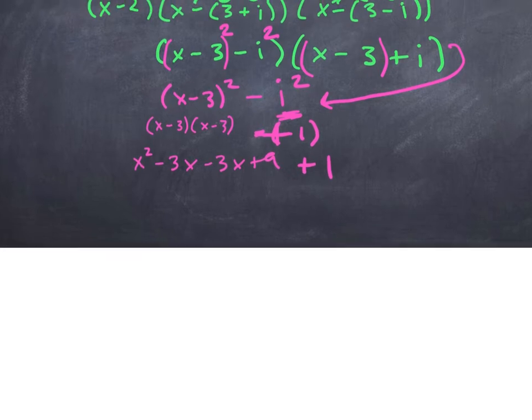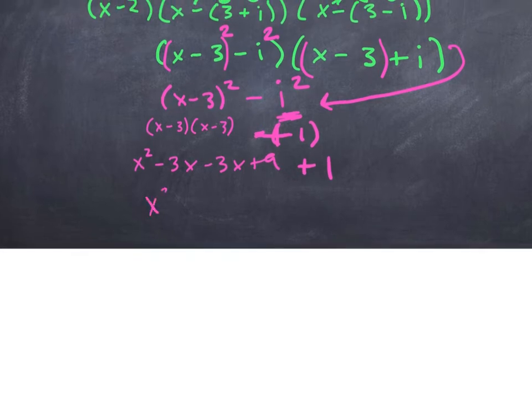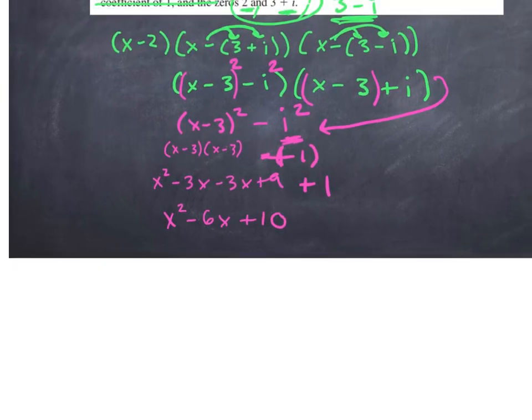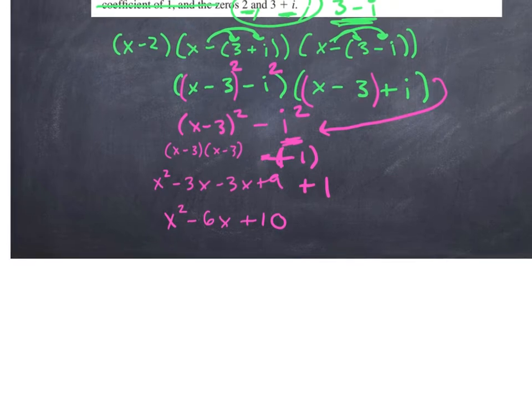Now we can combine our like terms. So we have x squared minus 6x, 9 plus 1 would be plus 10. So we just multiplied our two imaginary parentheses up here. We multiplied this one out and this one, and we got this.